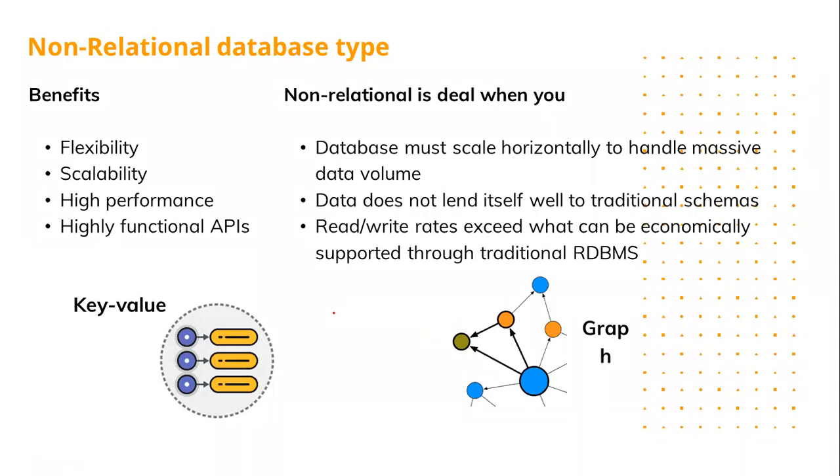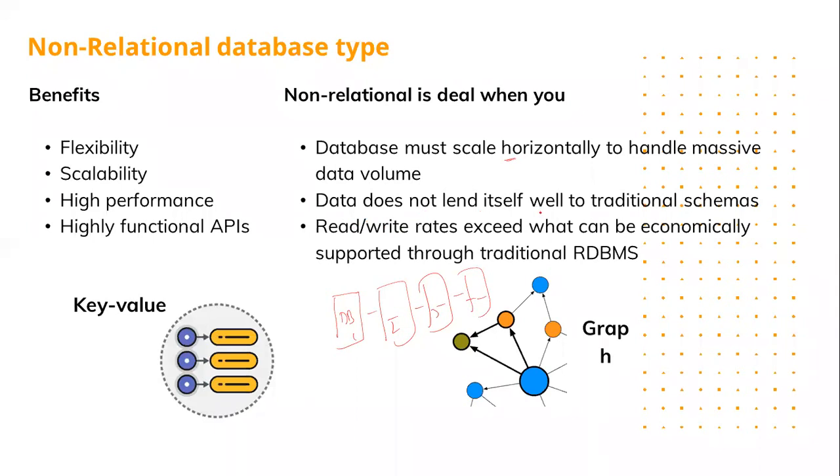Remember, in a relational database, you can have only one database serving the traffic. But in a non-relational database, your data can be distributed across multiple servers, 1, 2, 3, and so forth. It is scaling horizontally. When I say horizontal, you can have multiple servers with the data distributed.